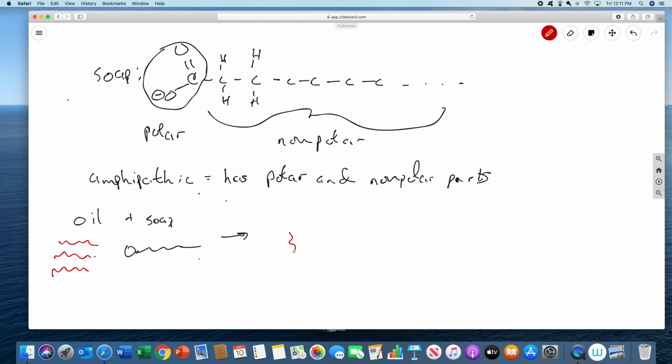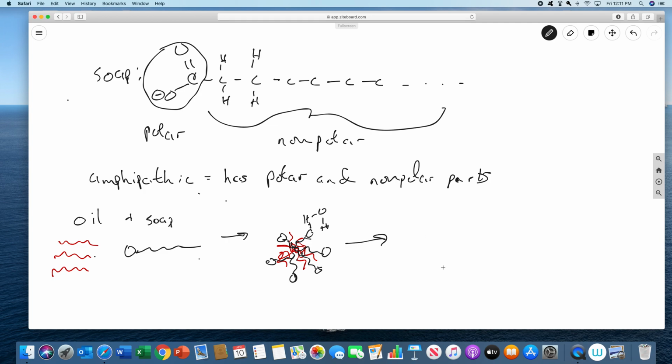If you put oil in water, it does this. It sticks to itself. And then if we put the soaps in there, what the soaps will do is the soap tails are nonpolar, so they'll interact like this. And of course, this is in water, and so water molecules will stick to the soap. Soap's negatively charged, like this.